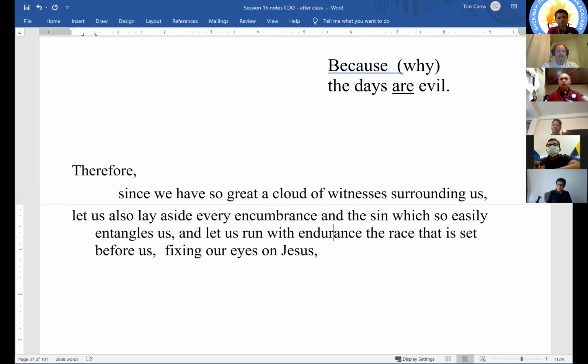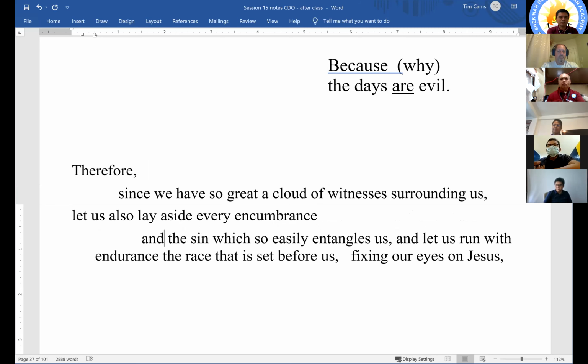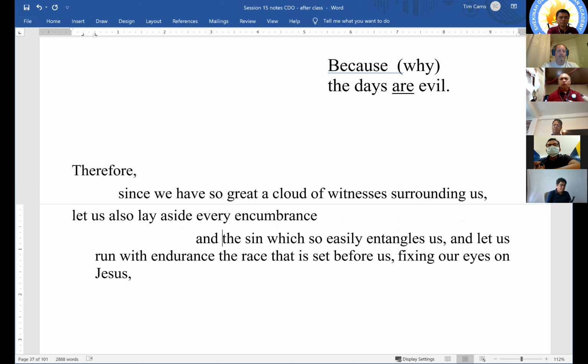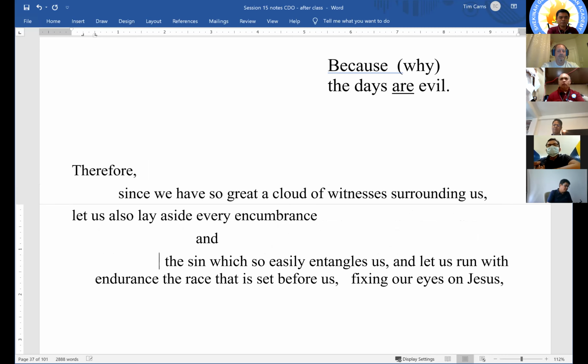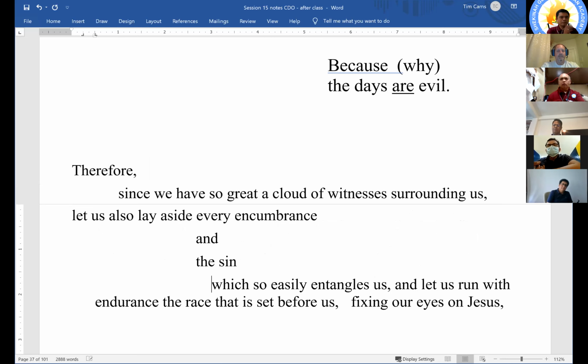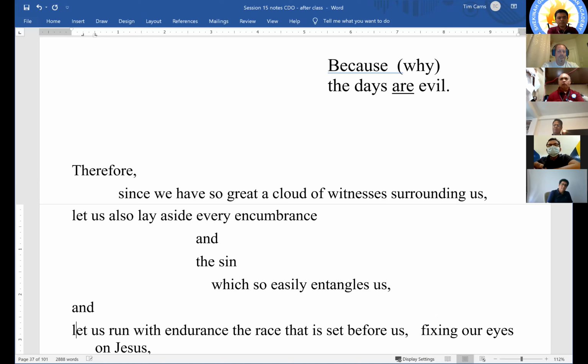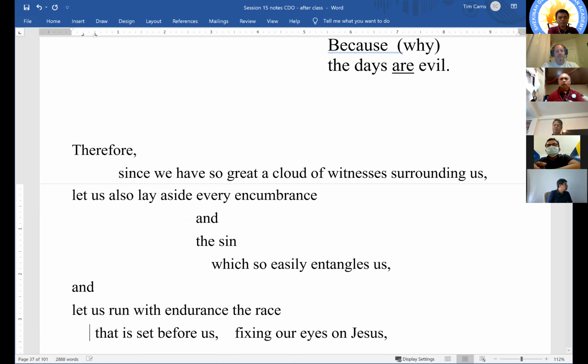And so he's giving two statements here. Let us lay aside every encumbrance and the sin which so easily entangles us. And let us run with endurance the race that is set before us.